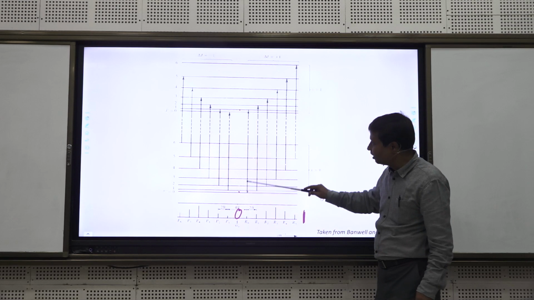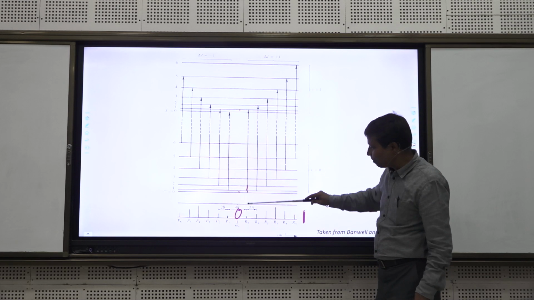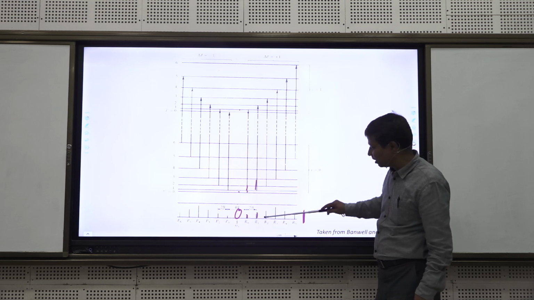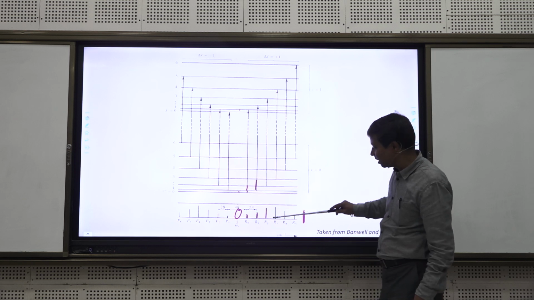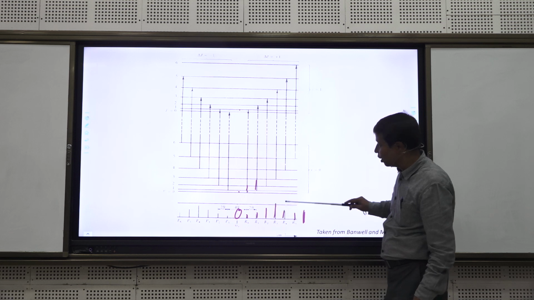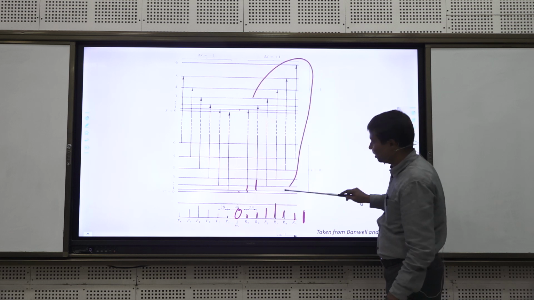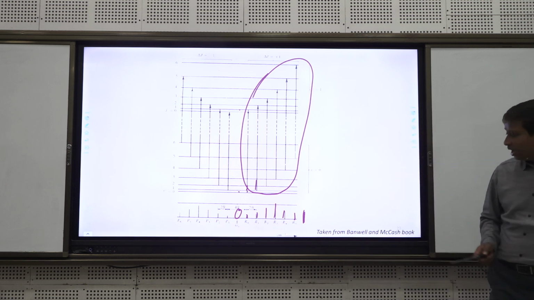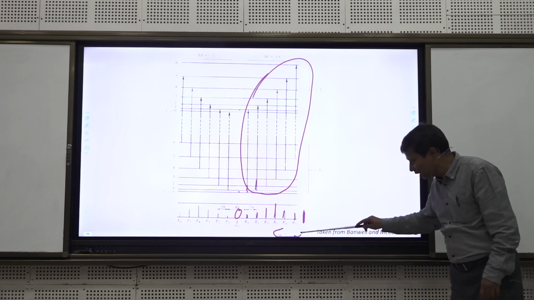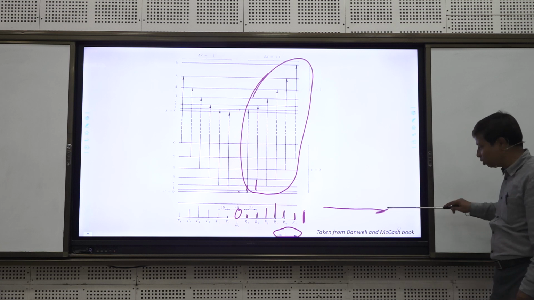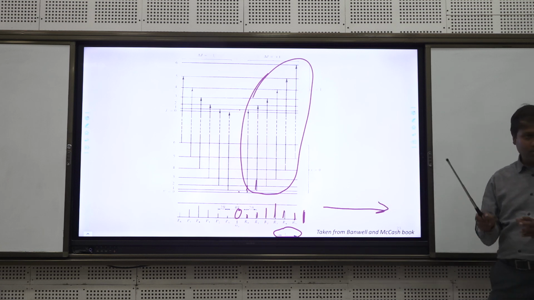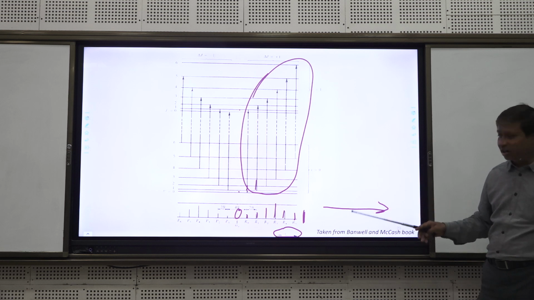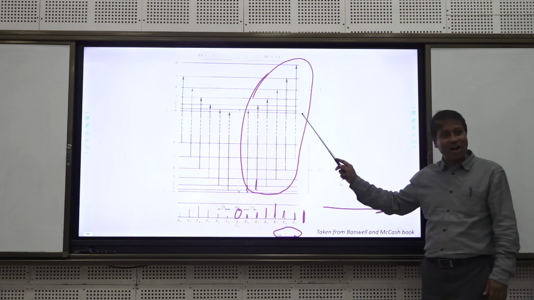Now this transition appears here, this transition appears here, this one appears here, and this one here. This side of transitions is known as the R branch. If you follow this one, the energy level is going this way, to the right-hand side, so you can remember this branch as the R branch.